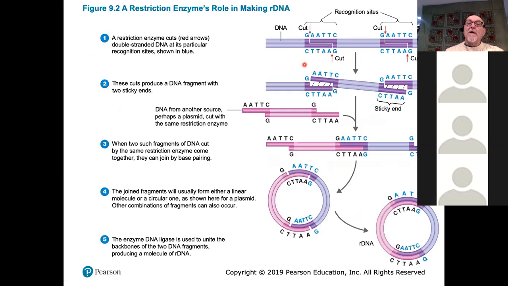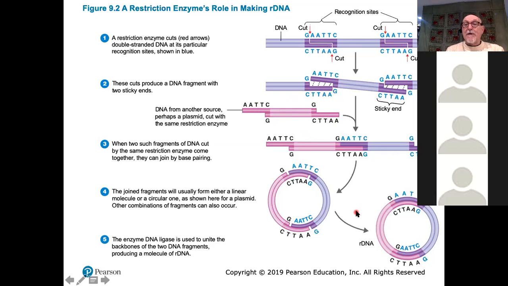We cut it out by digesting the DNA on either side with this restriction enzyme. And we end up with this fragment. Here's our insulin gene, let's say, sitting here in the middle. And on either side, it's got these sticky ends, AATT, and on the other side, AATT.